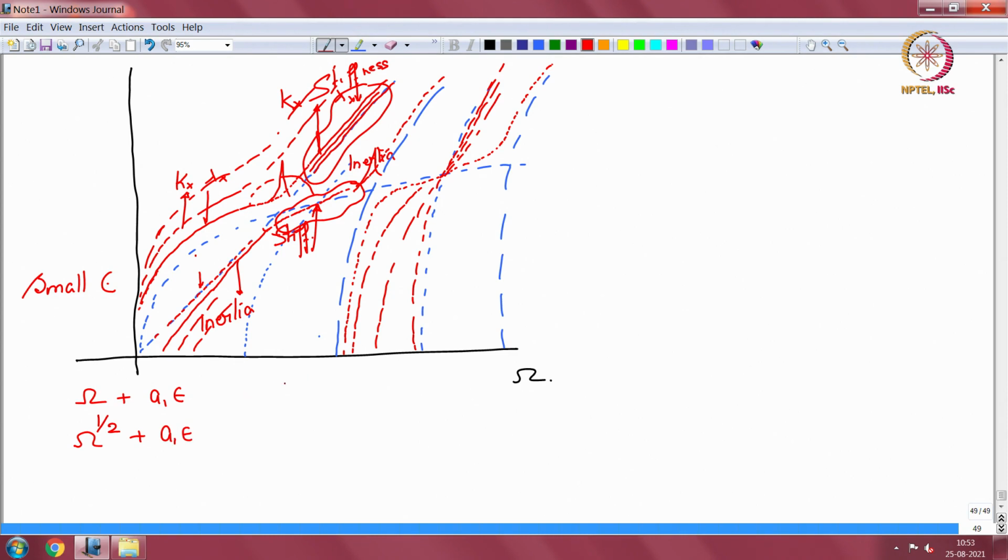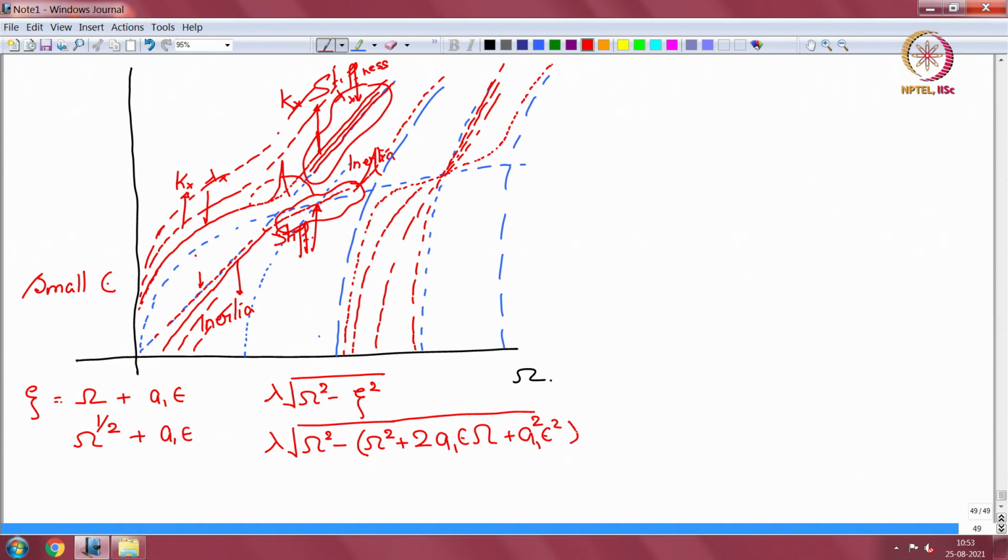Now, I will show you, if I have lambda equal to square root of omega square minus xi square, let us say. So, xi square, okay, lambda is square root of omega square minus xi square, which is omega square plus twice A1 epsilon omega plus A1 square epsilon square.